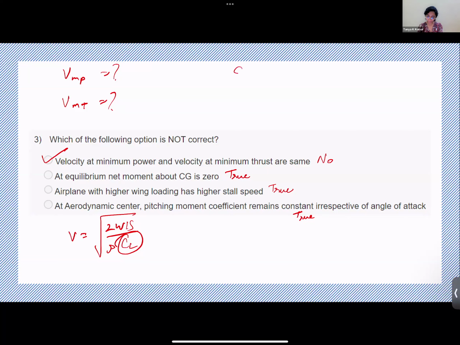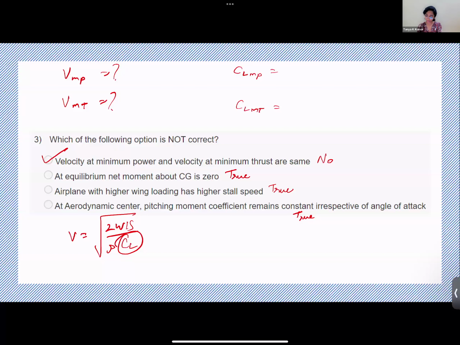What was CLMP? What is CLMP? Can you tell me that equation? Just refer to your notes and let me know.